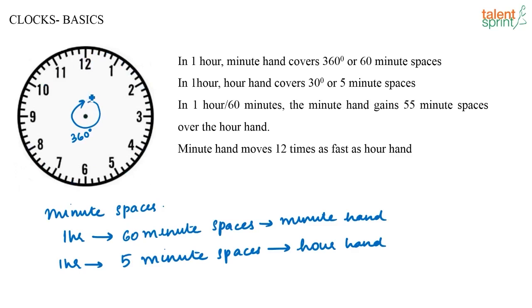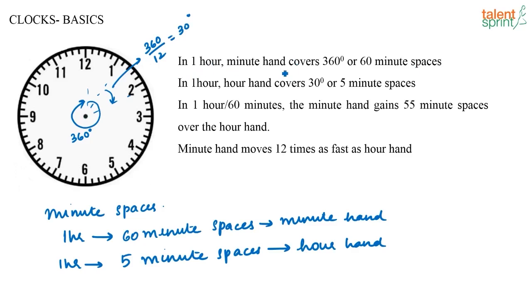In the same time, what is the distance covered by the hour hand? If the time is from 1 to 2, the hour hand is covering only 360 divided by 12, which is equal to 30 degrees. So in 1 hour's time, when the minute hand covers 360 degrees, the hour hand is covering only 30 degrees. That is what I have just written down here.